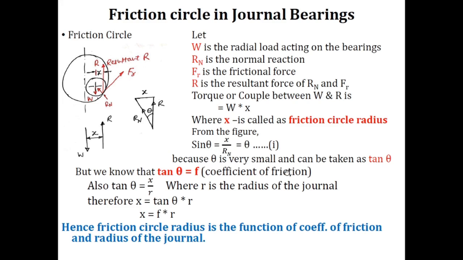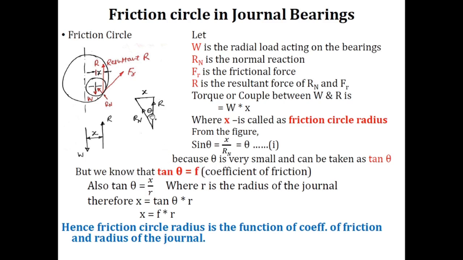So in this case, it can be taken as tan theta. But we have seen while studying friction that the value of tan theta is generally taken as equal to the coefficient of friction. So here tan theta is equal to the coefficient of friction. So F is the coefficient of friction, and we are taking this value.